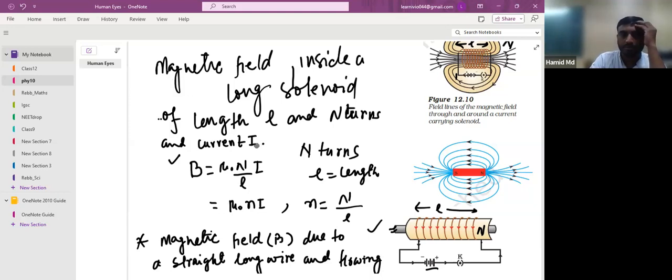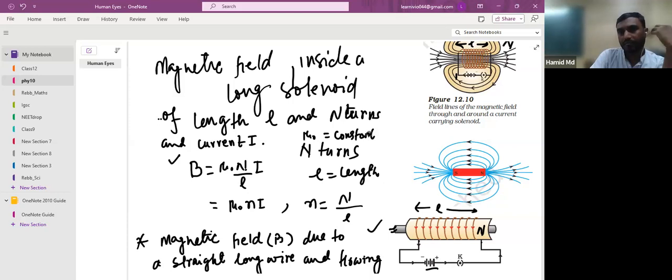So if we write the magnetic field inside the conductor, we get the formula mu naught N I over L.